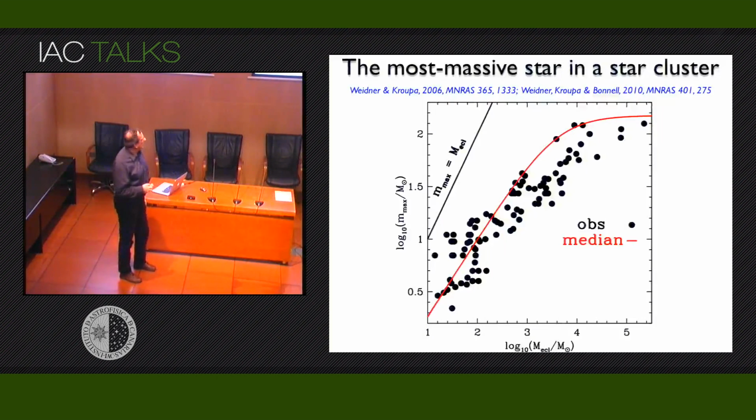Here the models, the median or even the 60% limit, flatten, but that's a statistical effect, right? Yes, they flatten because we put in a fundamental upper mass limit, in this case 150 solar masses. If not, this would just continue straight into infinity, and we would diverge even more from the observations.